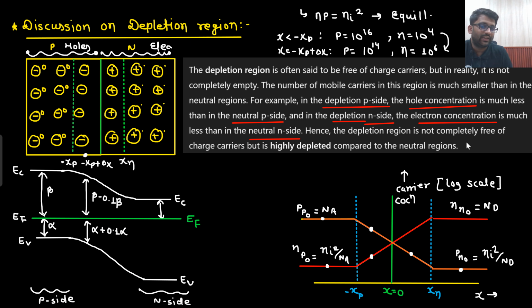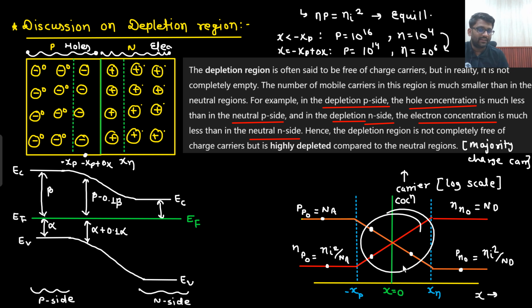These statements are written for majority charge carriers, not for minority, because in the depletion region, minority charge carriers are actually increasing, not decreasing, but majority charge carriers are decreasing. That's why we call it the depletion region. I hope this particular concept is clear to you.